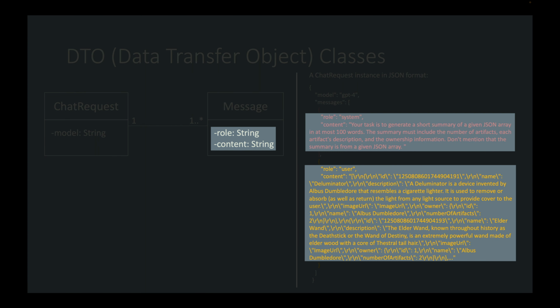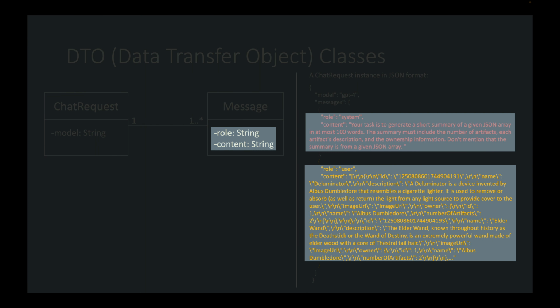For the response from the OpenAI API, we need 3 classes to represent it. On the right side of the slide, you can see an example response in JSON format. As you can see, a chat response class contains one or more choices. A choice class has an index field and is associated with a message.